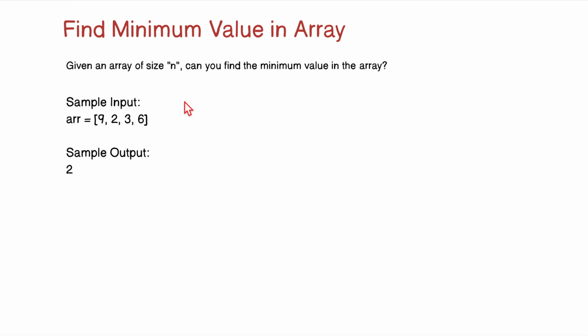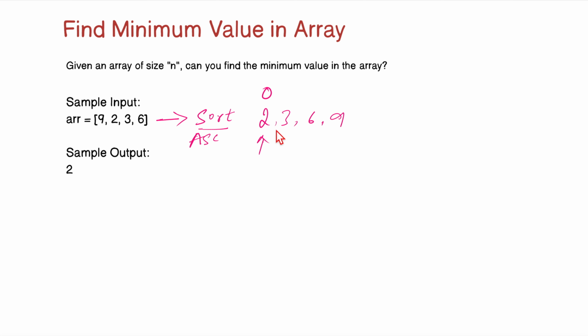Okay, let's understand another approach. It's nothing but we need to sort the array. Whatever the input array, we sort it. When we sort it, the elements will be 2, 3, 6, 9, and we need to return a of 0, the zeroth index. That will be the lowest element because we are sorting in ascending order.